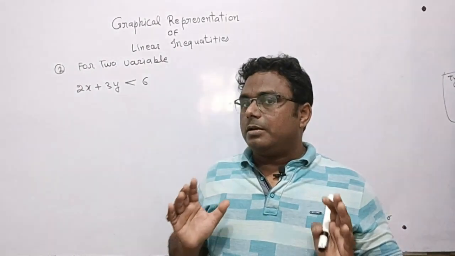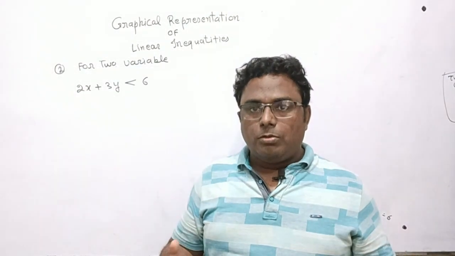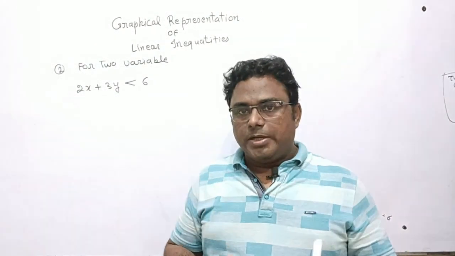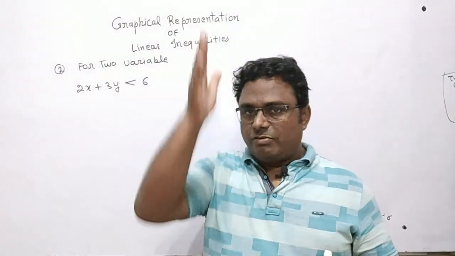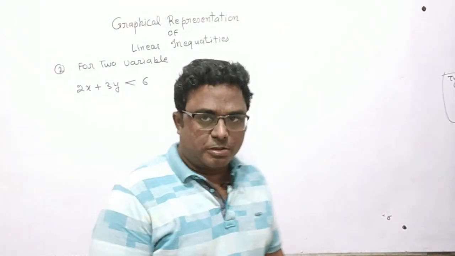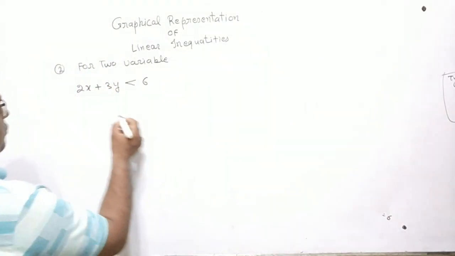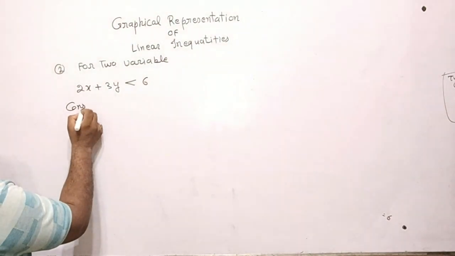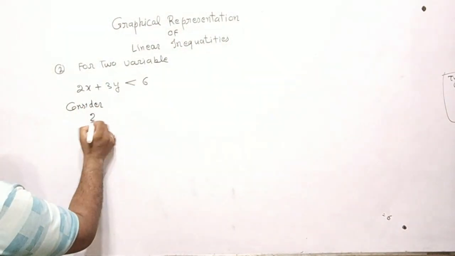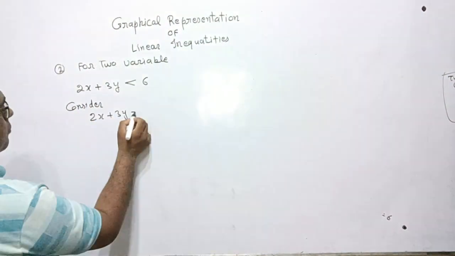To represent it graphically, we will have to use a Cartesian plane. A Cartesian plane means a plane on which you will draw two axes, x-axis and y-axis, which are perpendicular to each other. Now let us see the procedure. First of all, from here you consider an equation 2x plus 3y is equal to 6.